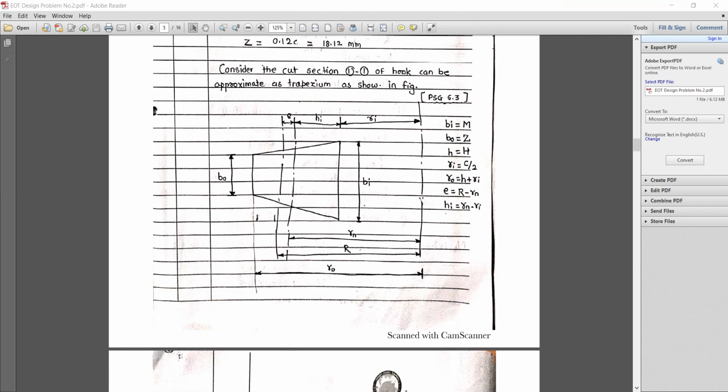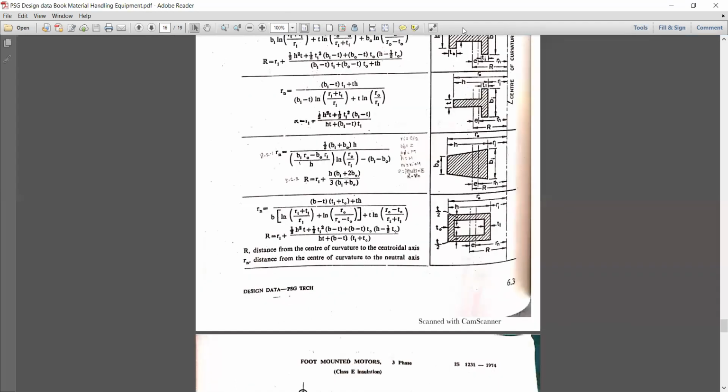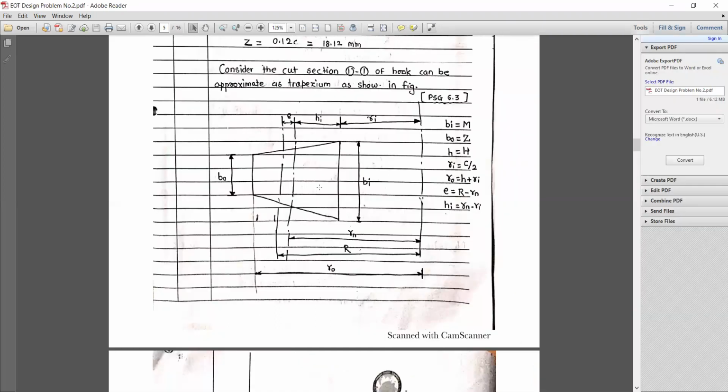Now go to the design. Whatever values were needed I have calculated, and I have written the empirical relations which match the given values.